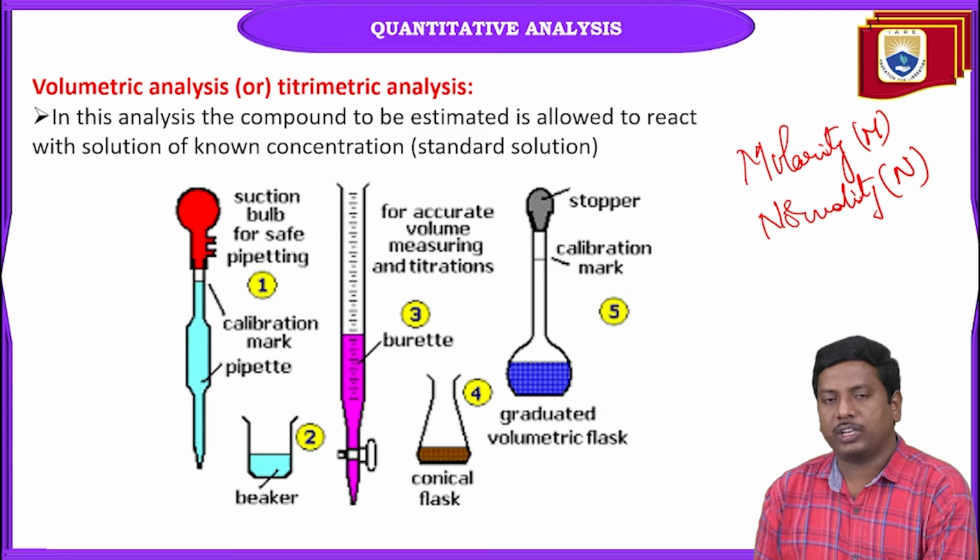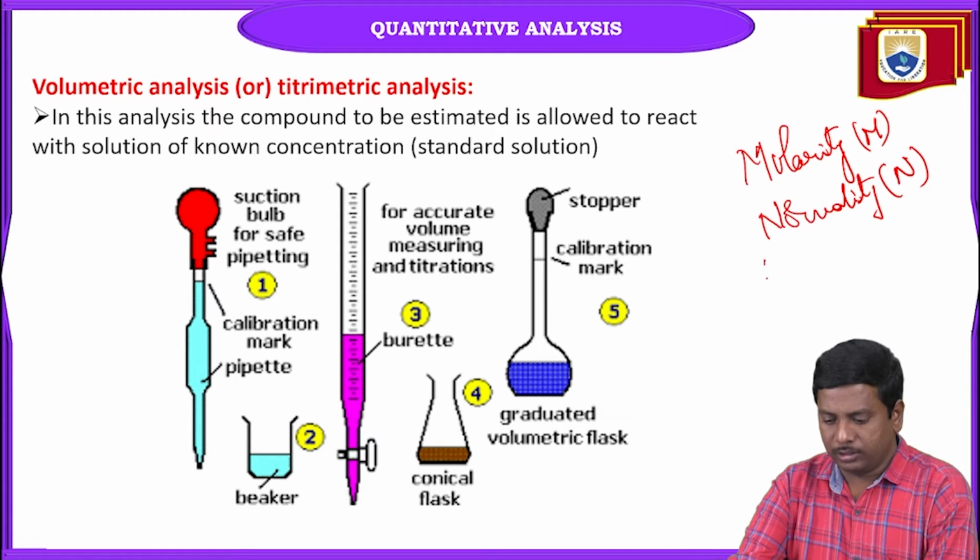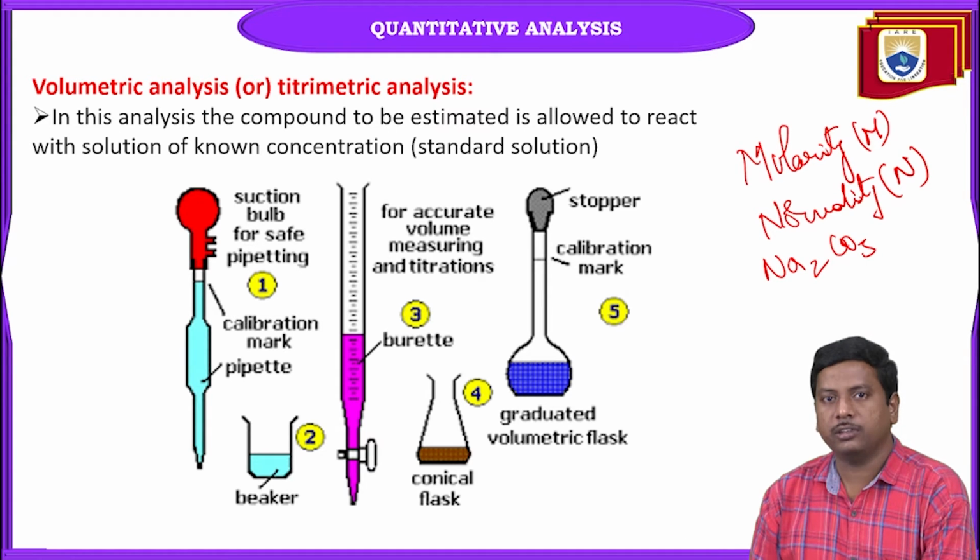For example, consider any acid, base, salt, organic compound, oxidant or reductant, any type of compound. Taking an example, consider sodium carbonate, Na2CO3. For this sodium carbonate, first of all, we determine the molecular weight.